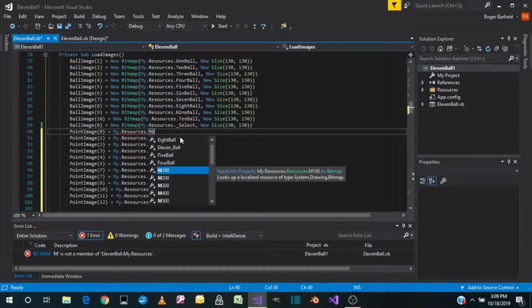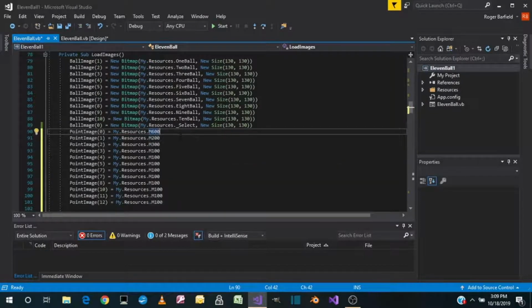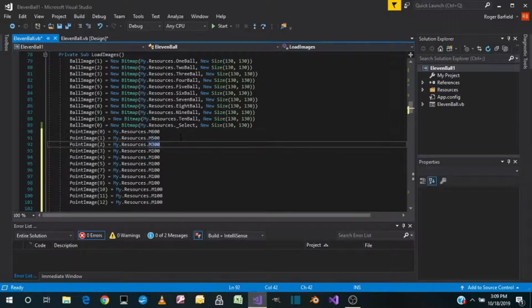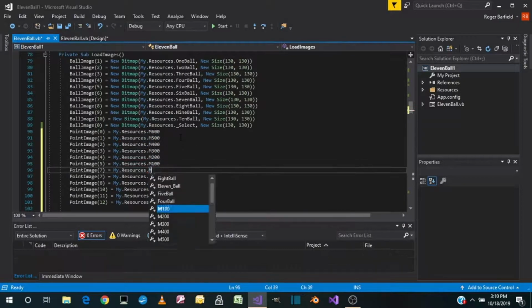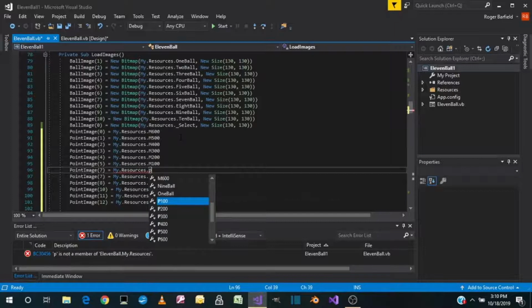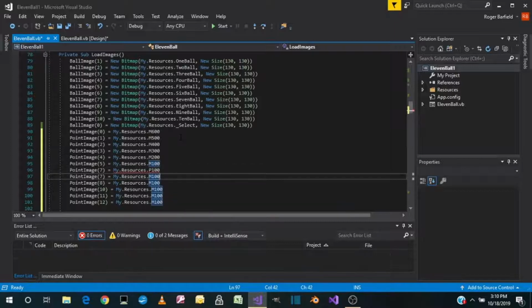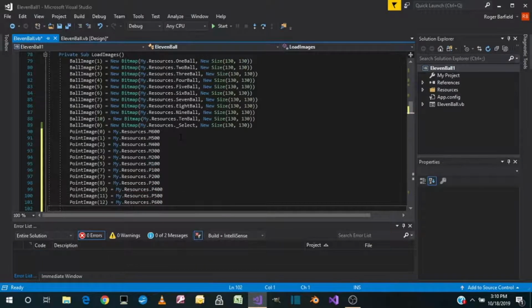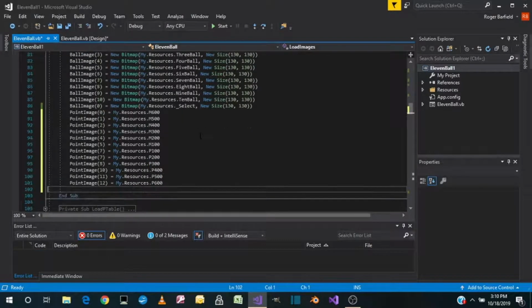Let's do this $600. I've already thought about this, so I know where they need to go. And now we'll do the pluses. Okay, so we got all those loaded.